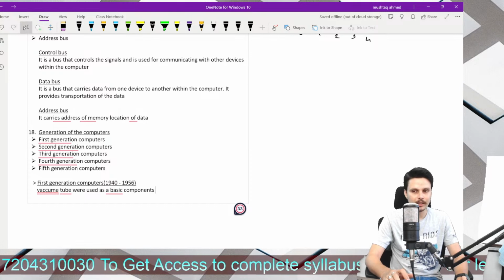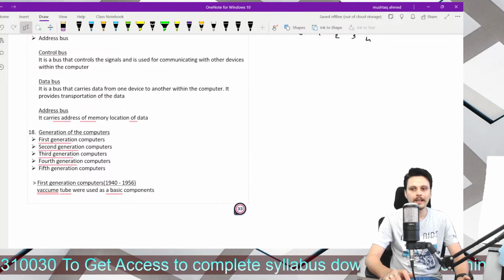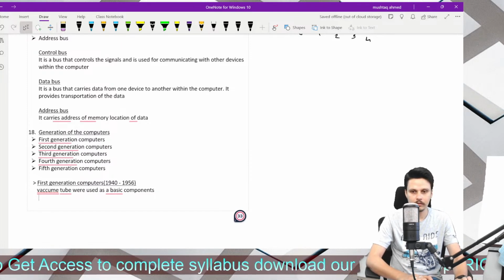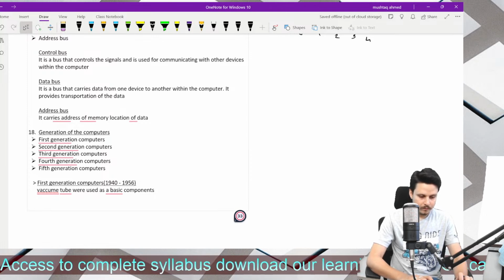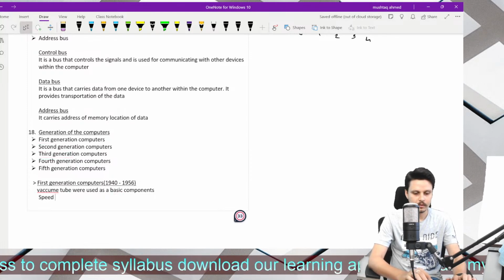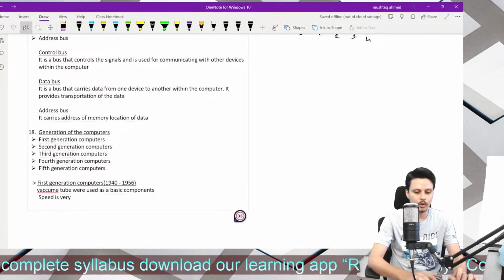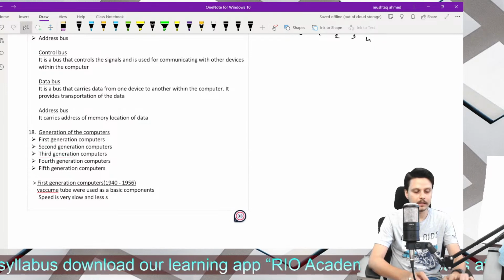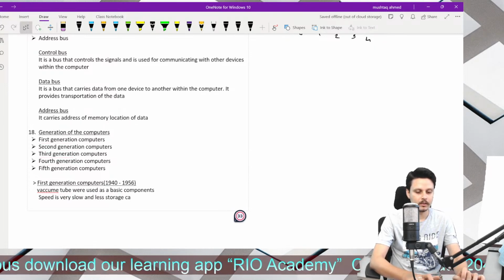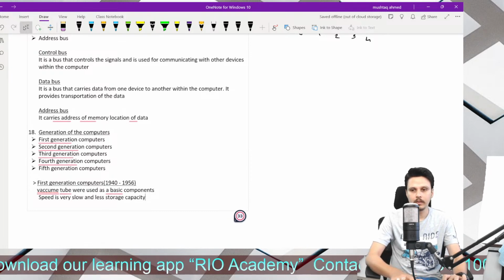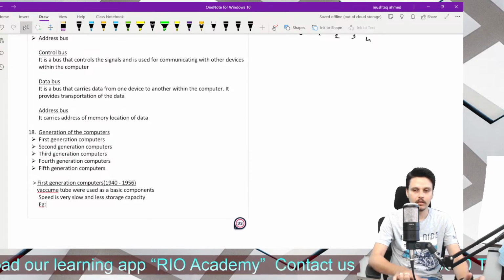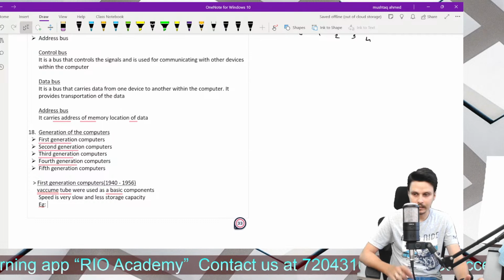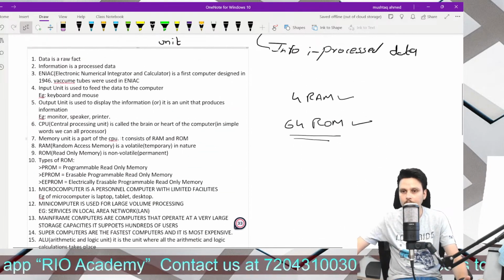The speed of this computer is very slow and the storage capacity is very less. Example, as I said, Eniac.